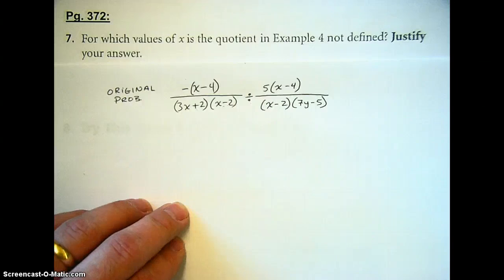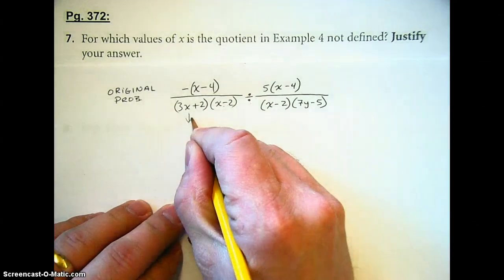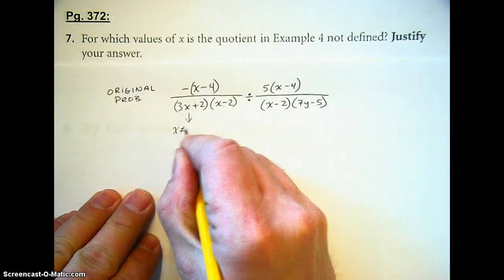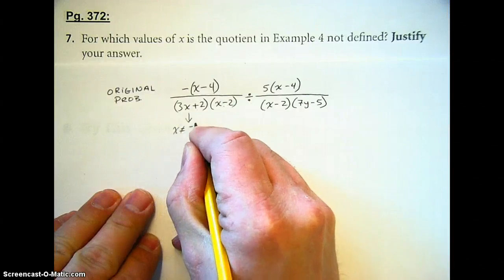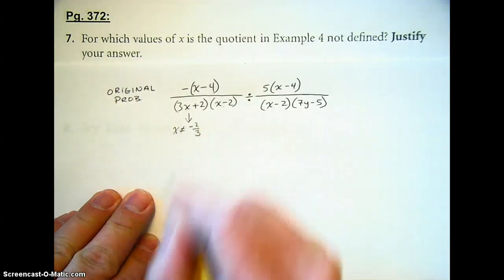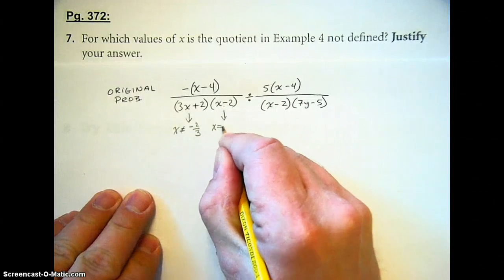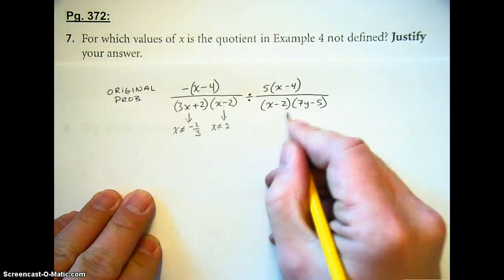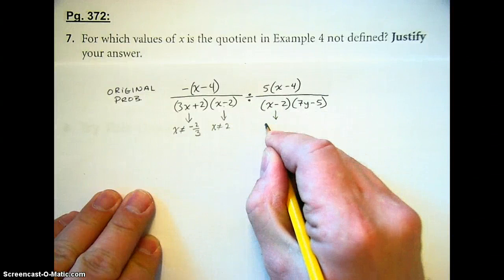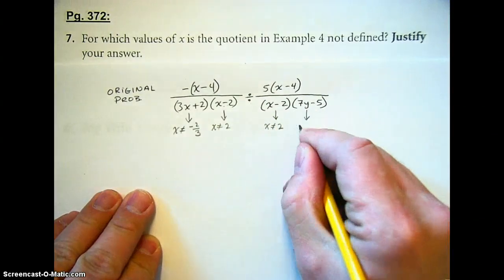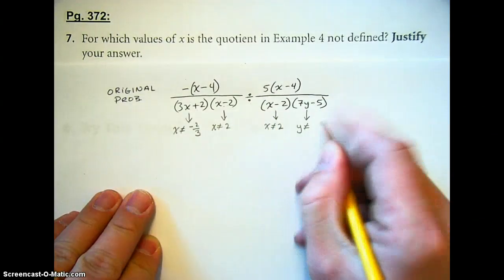So here, x cannot equal negative 2/3. Here, x cannot equal 2. Here, same thing. And then here, y cannot equal 5/7.